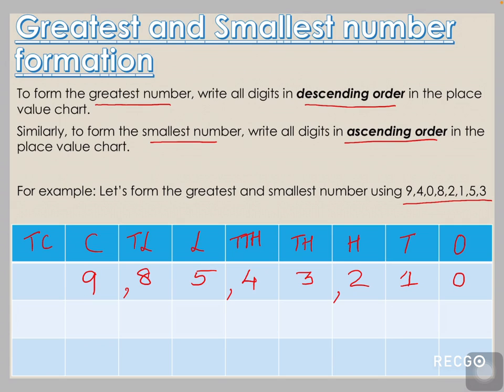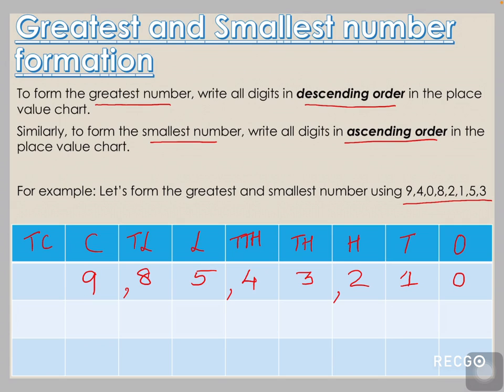Whenever you are given 0 in the digits, you will not place it in the first place. In ascending order, if you are to make the smallest number, first you place the digit which is a little bigger than 0, then next you place 0. So here it is 1. Suppose we don't have 1 and we have 2, we would place 2 first, right?